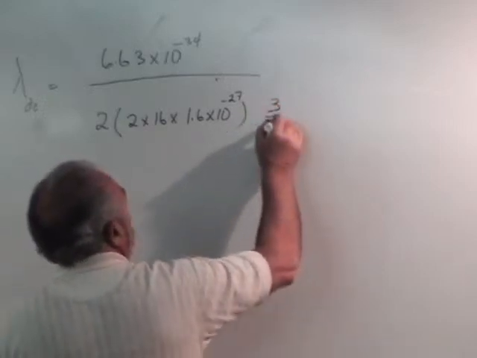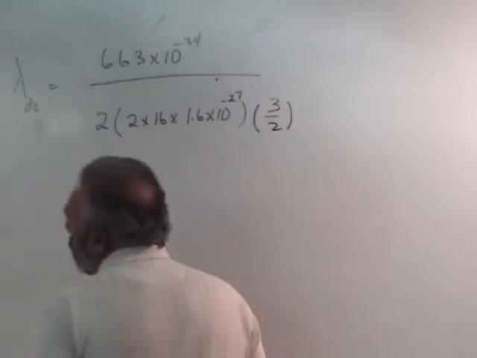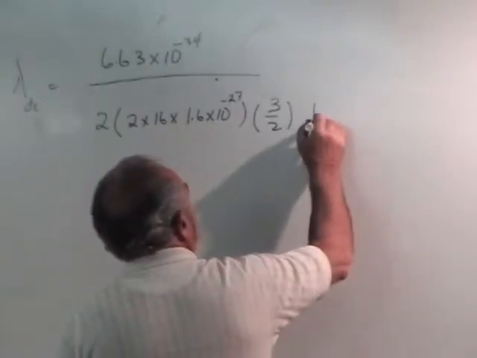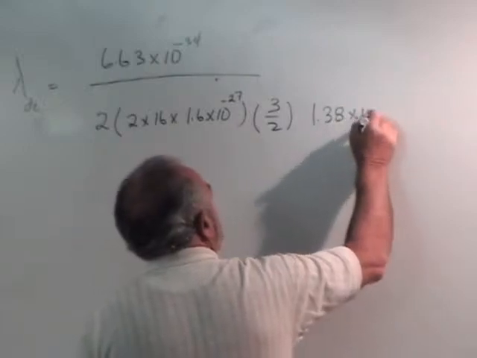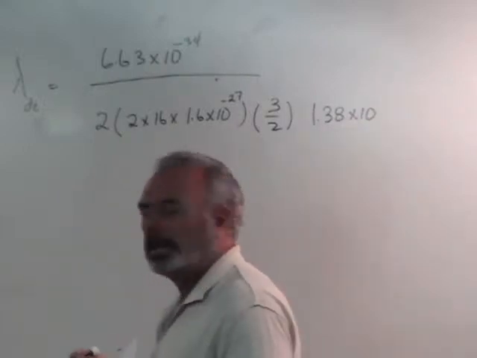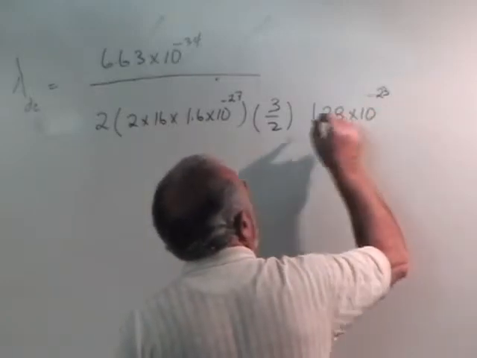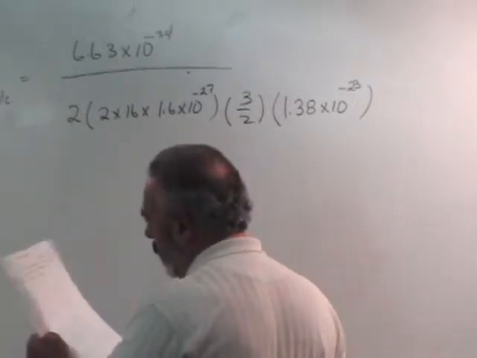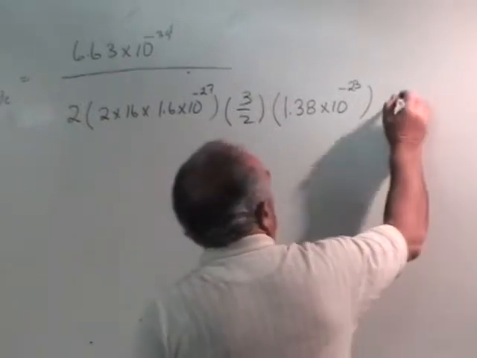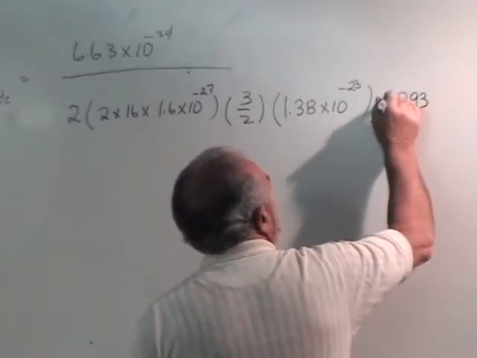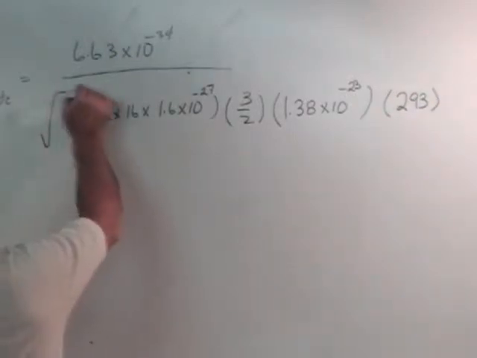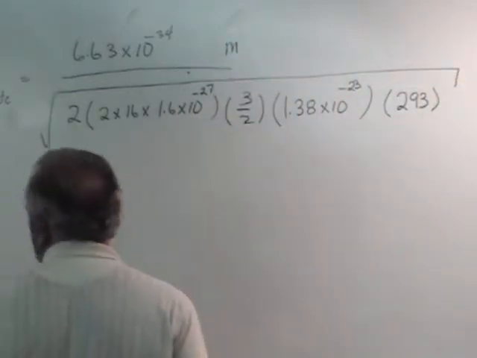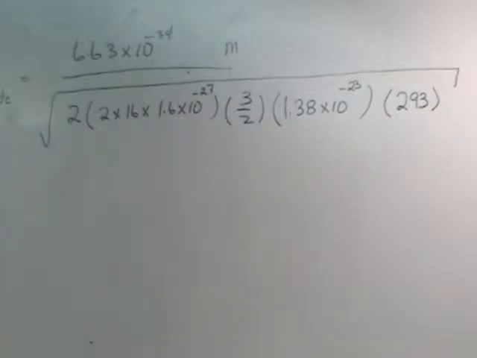And then we have 3/2, oh good, it goes away, doesn't it? 3/2 times k, 1.38 times 10 to the minus 23? Yes. Times, what did we say, 20? 20 degrees C. So 293 kelvins. And obviously the whole thing turns out to be in meters because we've already demonstrated that.